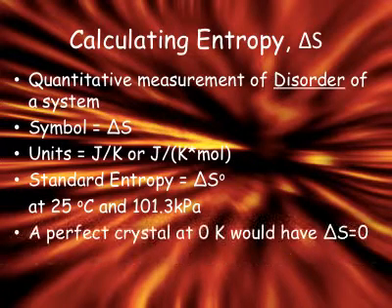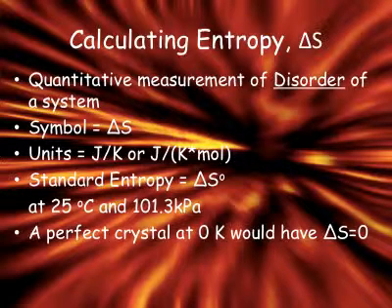Okay, so for instance, a perfect crystal of whatever we're talking about at 0 degrees Kelvin would have an entropy of 0. So let's talk about what is 0 Kelvin. Absolute zero. It's absolute 0, which means all motion should be stopped. We should have 0 motion. If we have 0 motion, do we have any entropy?